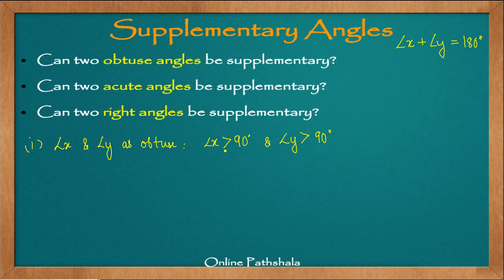So I'll take the two smallest obtuse angles and see if they are supplementary or not. Let angle X and angle Y be equal to 91 degrees. According to our assumption, from 90 I can go to 91, I cannot go to 90.1 or 90.2. That's the simplifying assumption that we have made here.